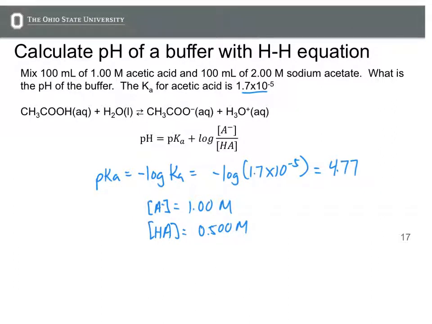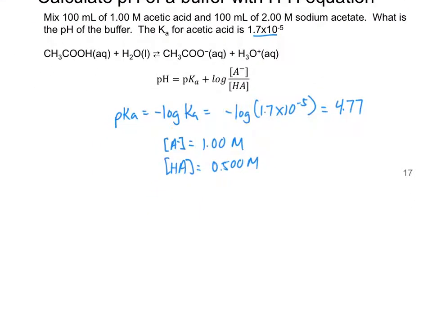Again, these were initial concentrations, but that's okay for Henderson-Hasselbalch. So now we can plug these in. pH is going to be equal to 4.77 plus the log of A- 1 divided by HA 0.5. And yes, I'm using concentrations here.